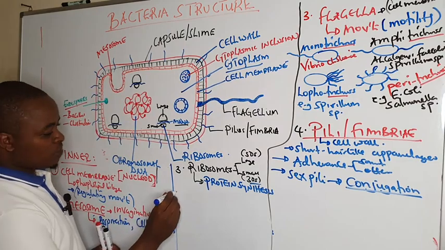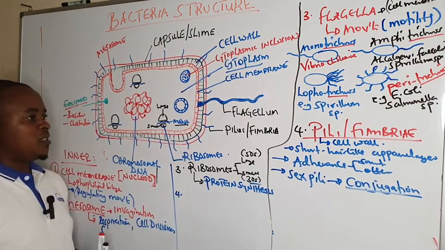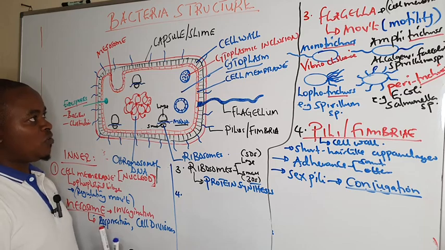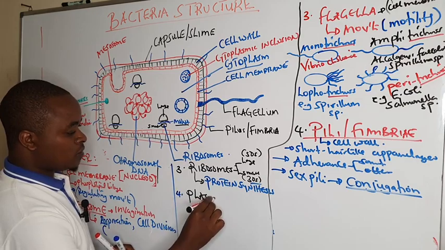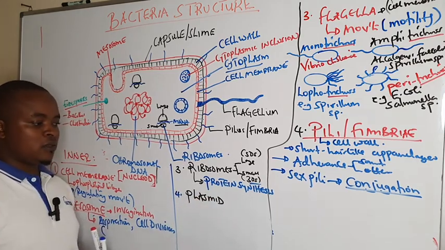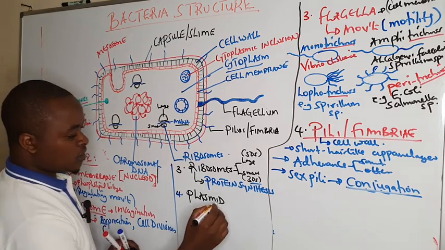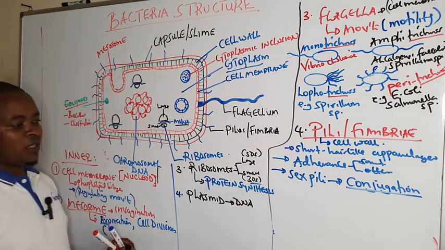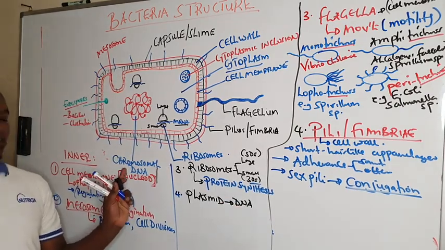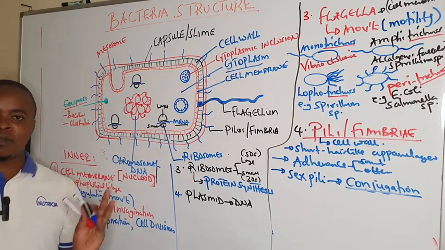From there, let us talk about another internal part, which is known as the plasmid. This plasmid contains bacterial DNA, but this bacterial DNA is different from the chromosomal DNA. They are separate.